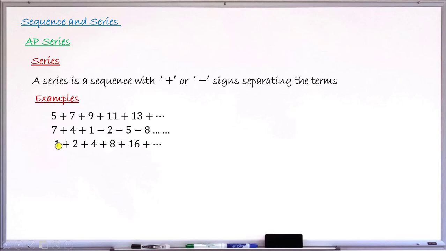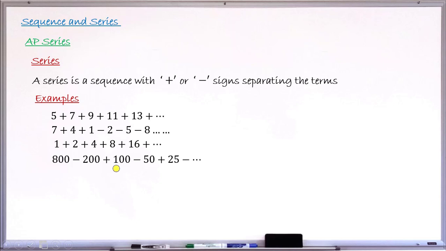Another example: 1 plus 2 plus 4 plus 8 plus 16 plus, it continues. Another example: 800 minus 200 plus 100 minus 50 plus 25 minus, it continues like that. You can see in these 4 examples, what separates the terms in the progression is either a plus sign or a minus sign. That makes it a series.